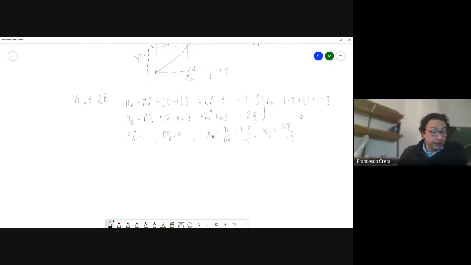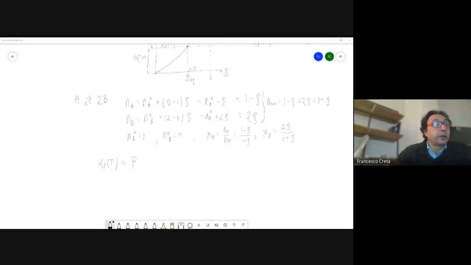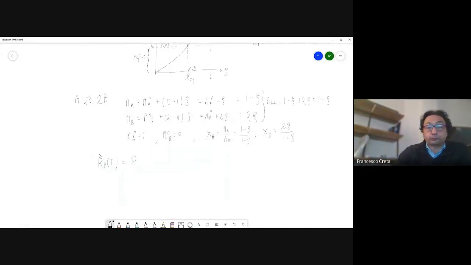So at a given temperature, we have a certain equilibrium constant, and this must be equal to the pressure to the power of alpha, which is the sum of the differences of stoichiometric coefficients.